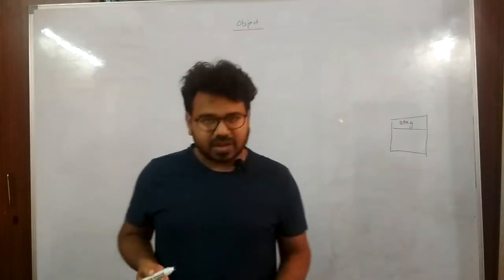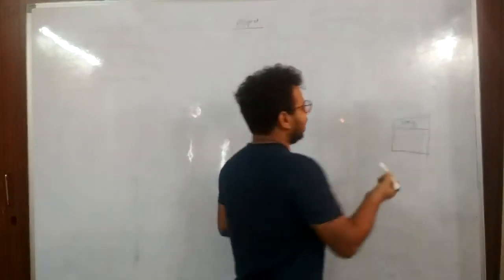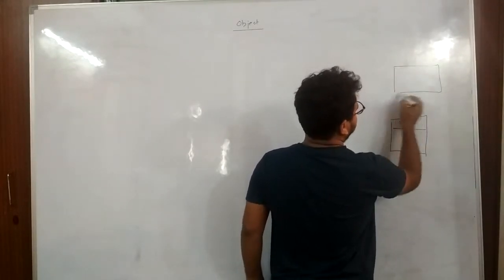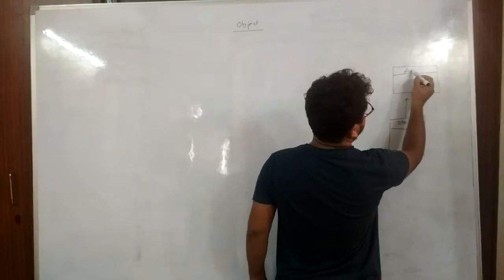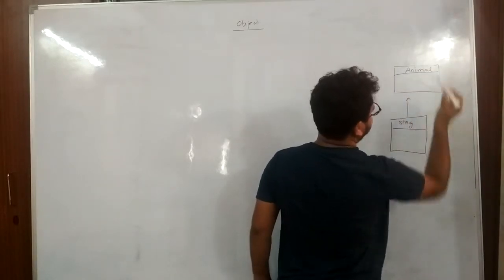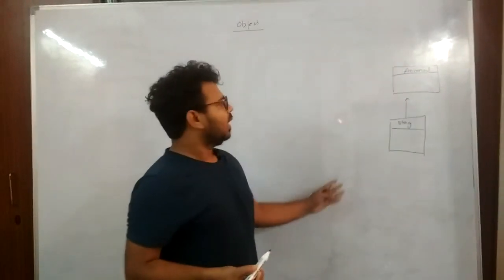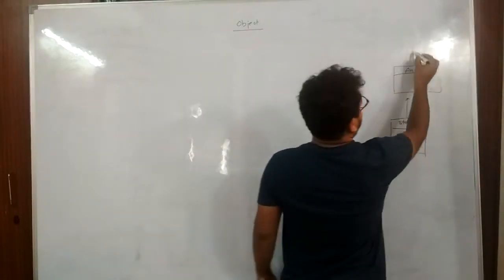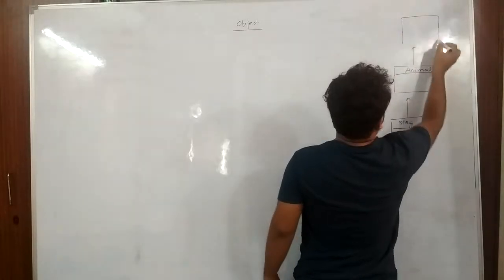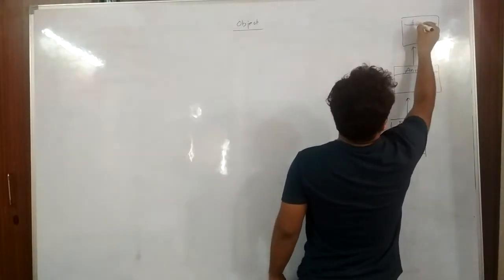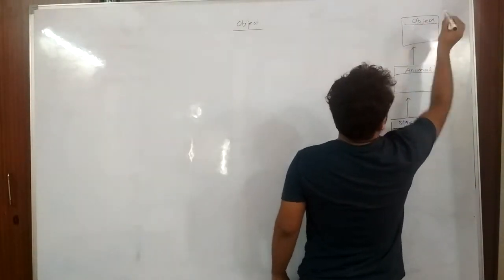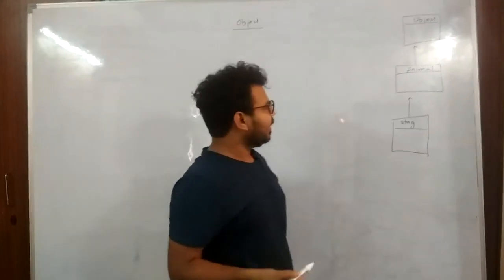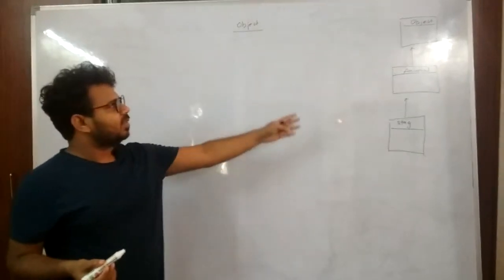This Stack is an Animal, so Stack extends the Animal class. And this Animal is an Object, because Object is the superclass of all the classes. So we can say that Animal is also Object. Okay, so this is our structure.